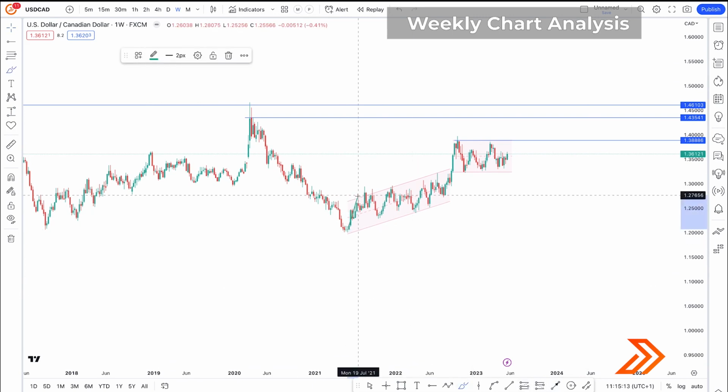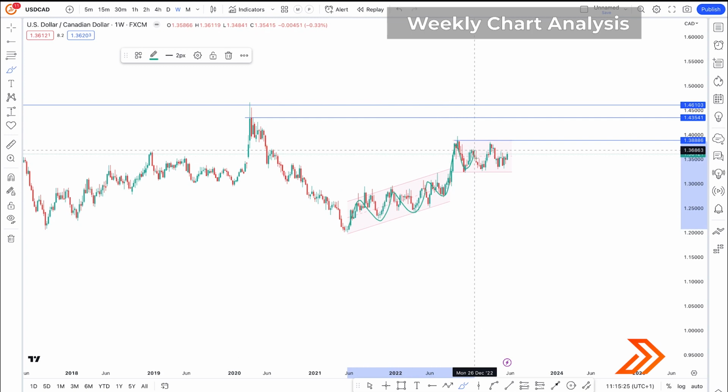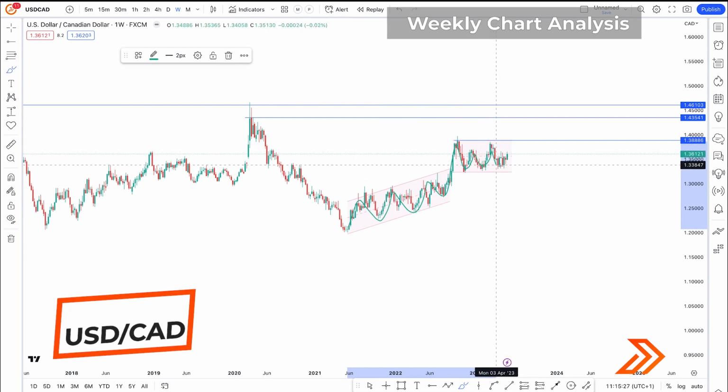Since then USD CAD has continued to move within this box. Then price broke out of this box and continued to range within this box.